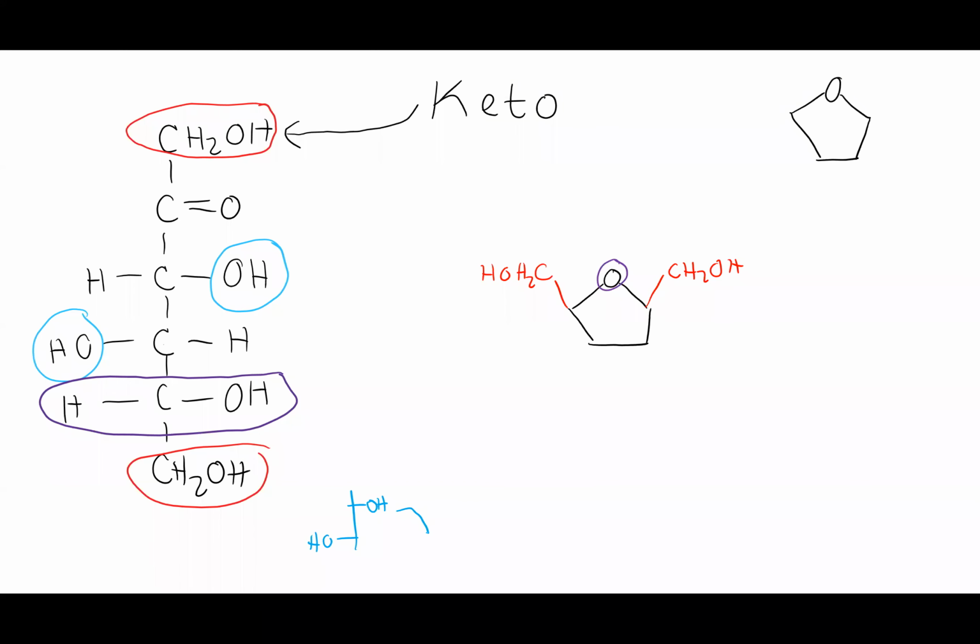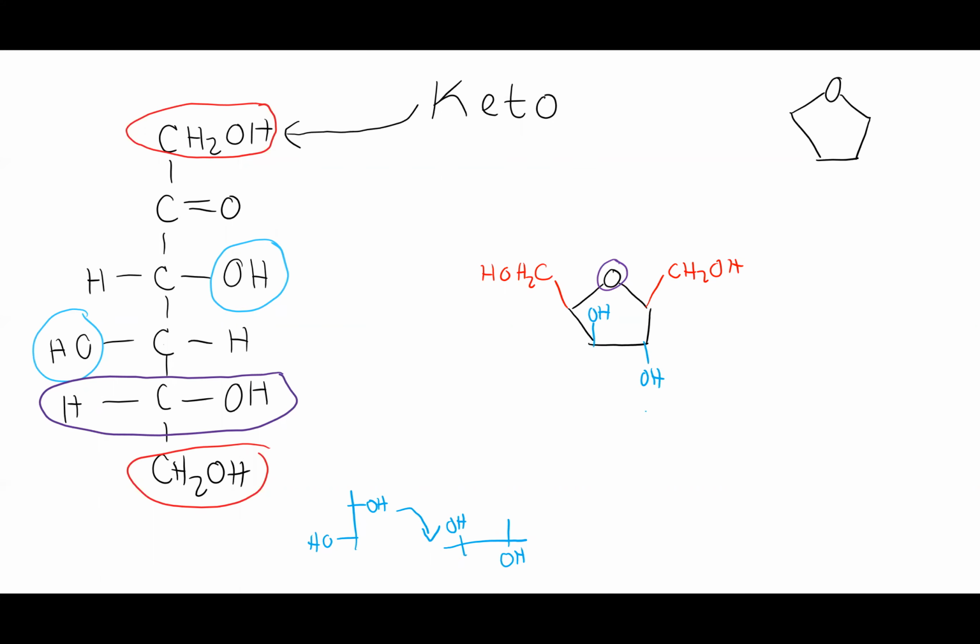Okay, so as I was saying, you can see our OH groups are going to end up in this manner, in which one is up and one is going to be down. So those would look like this.